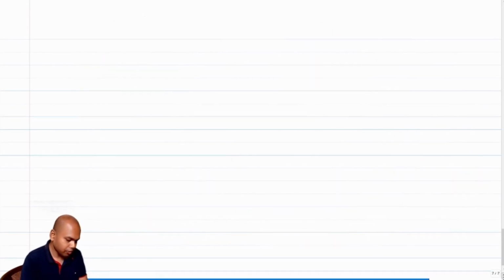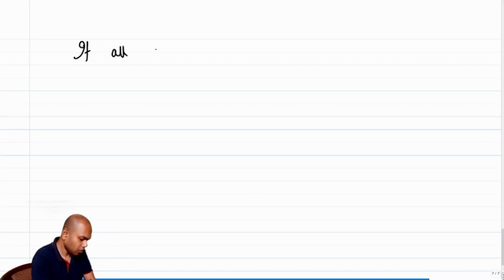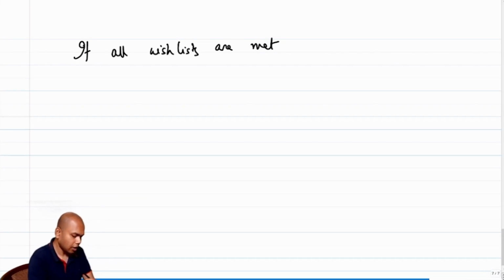The one last thing before we leave is, if all the wish lists are met, what is the incremental model of an amplifier? If all wish lists are met, our amplifier should look like this. This is port V1, this is port V2.